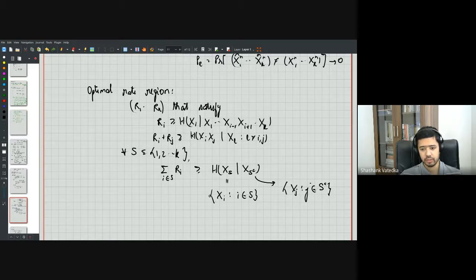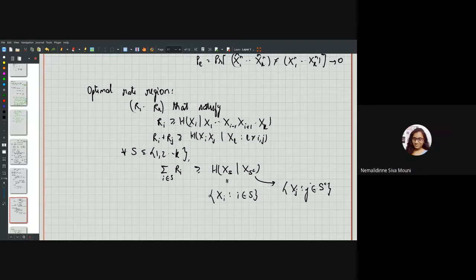All right. Any questions? So will there be an upper cap on k, or for any given k we'll be able to find the decoder to achieve this?